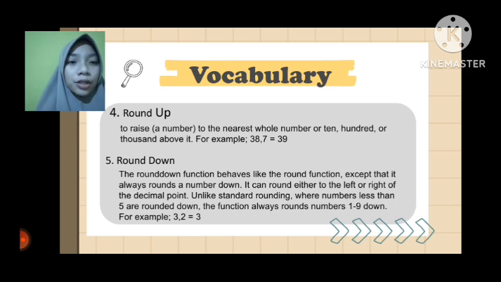The round down function behaves like the round function, except that it always rounds a number down. For example, 3.2 we can round down to 3. In Indonesia, we can say round up is dibulatkan ke atas and round down is dibulatkan ke bawah.